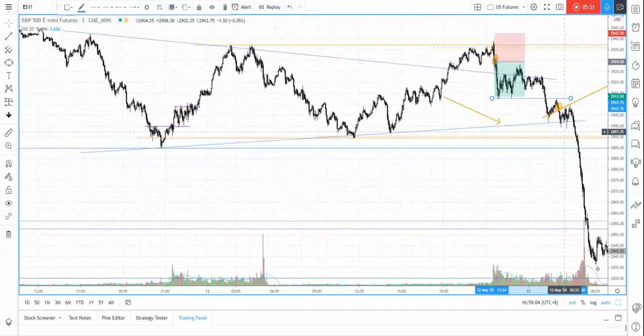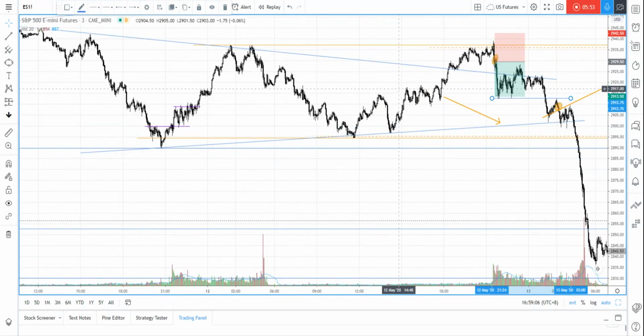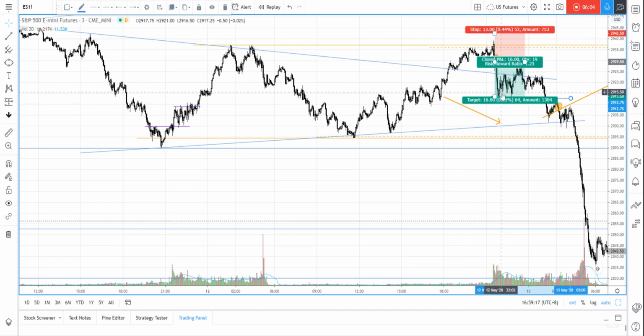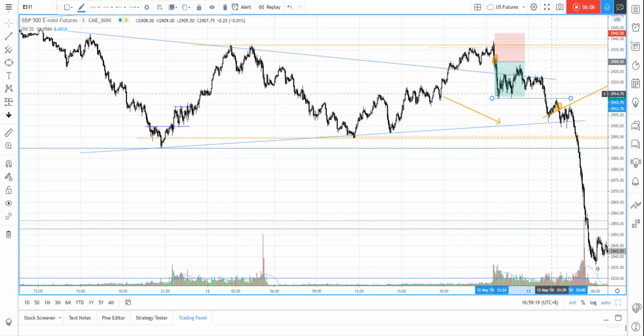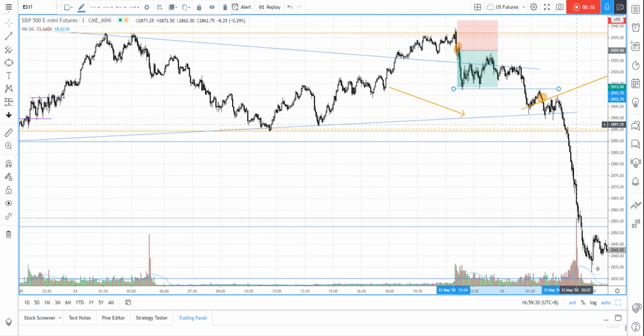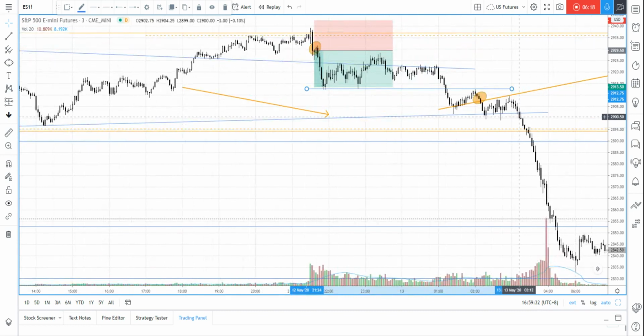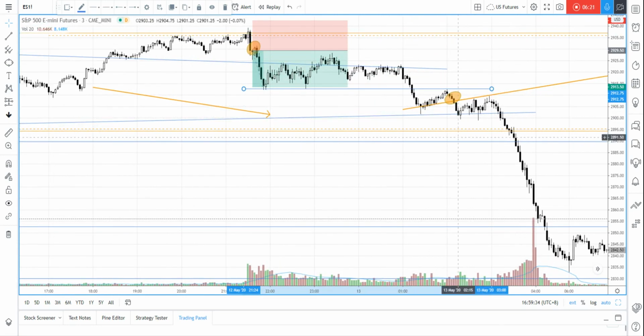Initially, just before the breakout of the apex, yes, if it bounced up here, then you could take this long entry. But right after the failure of the breakout of the apex, the bias switched to bearish. So the long entry near the 2900 level or near the apex support level is no longer a valid entry.